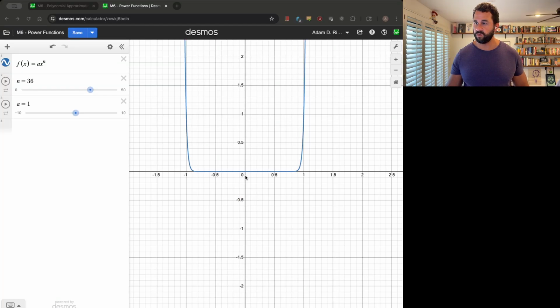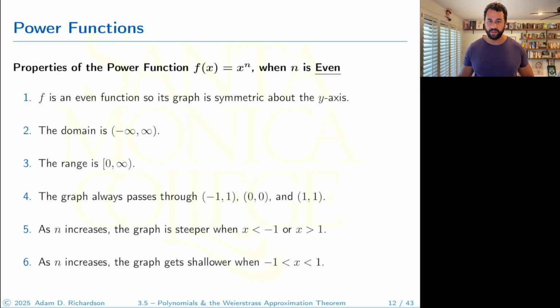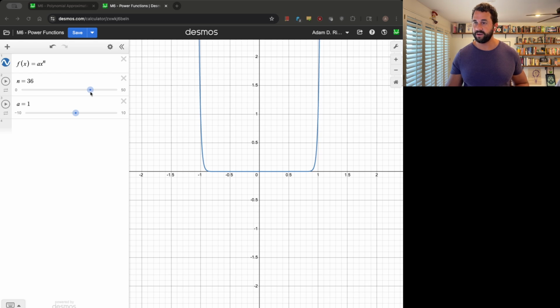Right now the degree is 36, and the range is 0 and up. With an even degree, as long as you're not stretching using a or shifting it around, the graph will always pass through these three points. Let's take a look. Here n is 36, but notice it still passes through the point. Hey, where is it?